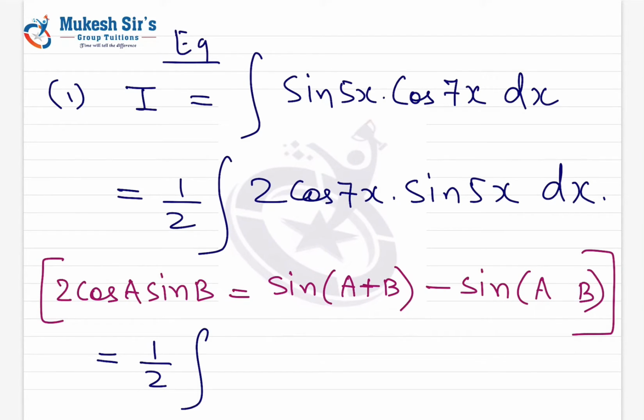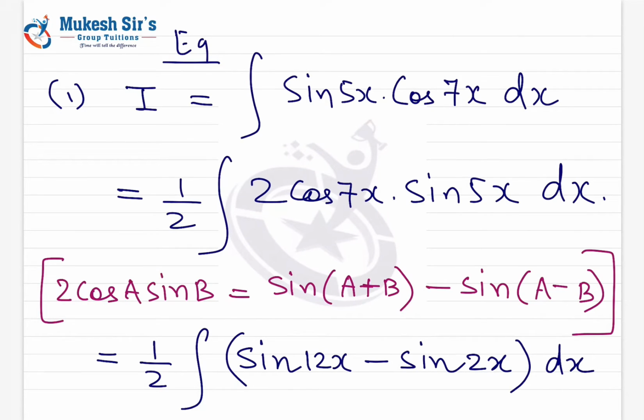So this becomes half integration of sin of a plus b, a plus b is 7x plus 5x, that becomes 12x, minus sin of a minus b, 7 minus 5 is 2x, the whole dx.